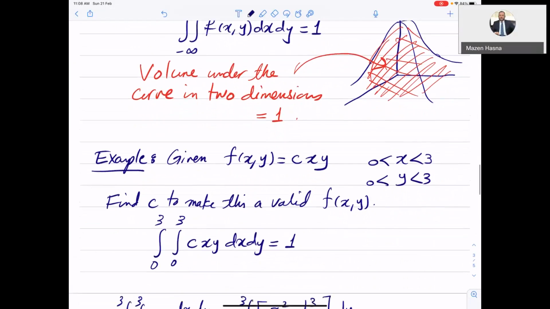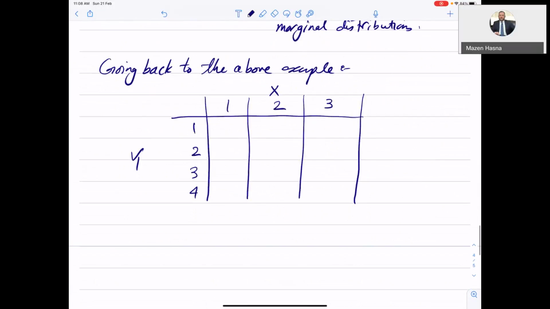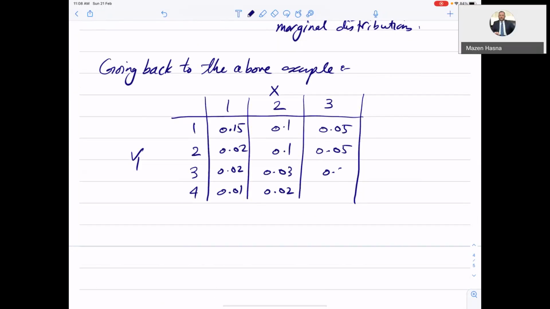Let me write the numbers again. 0.15, 0.02, 0.02, 0.01, and 0.1, 0.1, 0.03, 0.02, and 0.05, 0.05, 0.2, and 0.25. Again, if you want to check whether this is a valid distribution, you have to add all probabilities in the table, and they should add to 1.